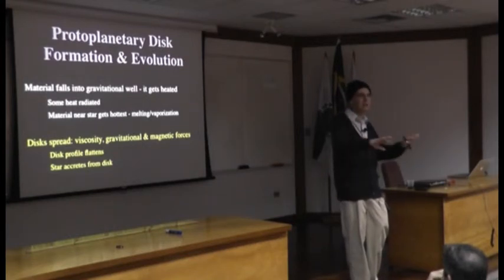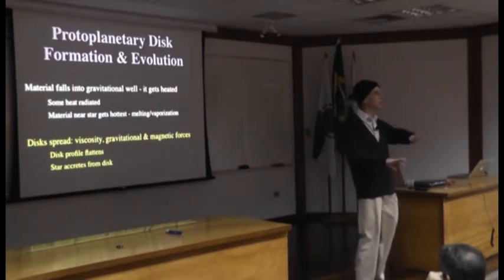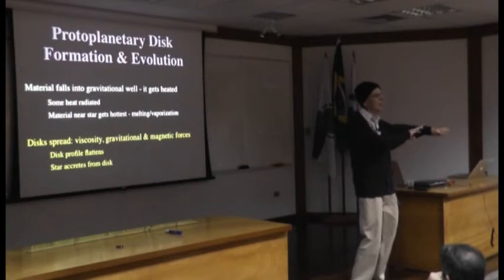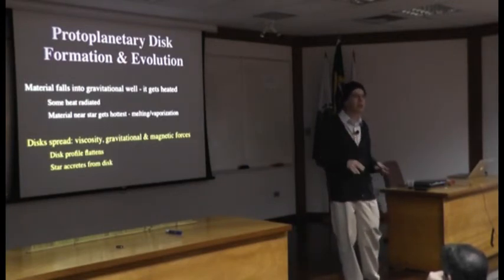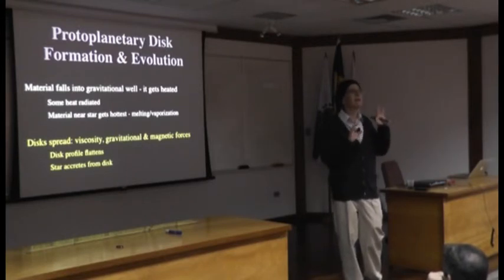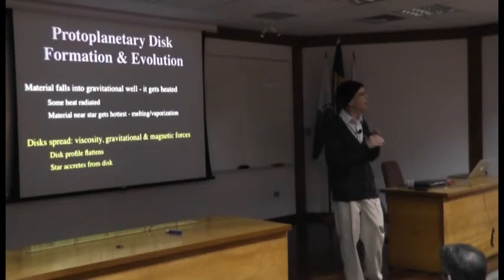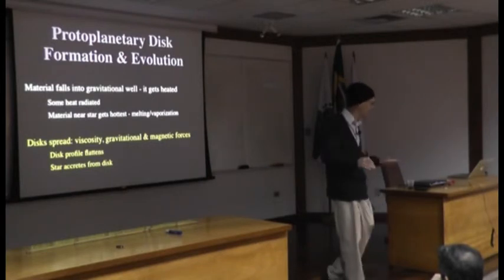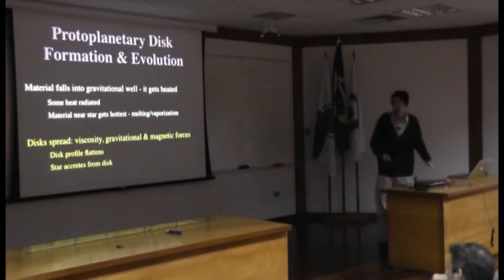And so if you have a dissipative process like viscosity, it tends to push angular momentum outward and mass inward. Angular momentum is conserved, but the mechanical energy, the kinetic plus potential energy, is dissipated into heat, which is radiated away. That's fundamentally why astrophysical disks spread. Okay, now the biologists should wake up again.